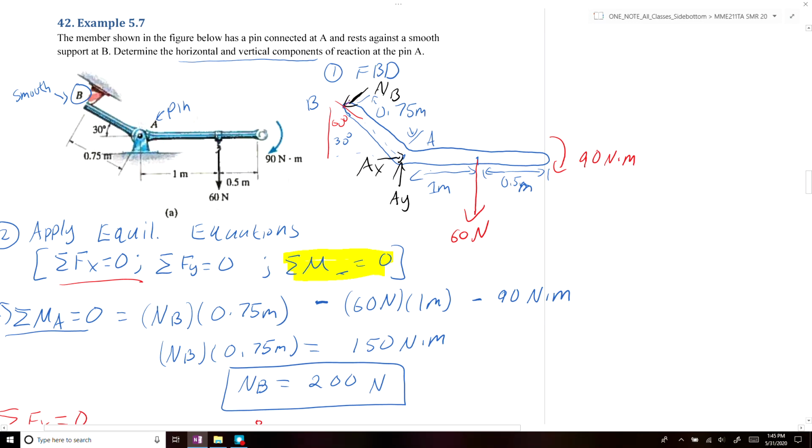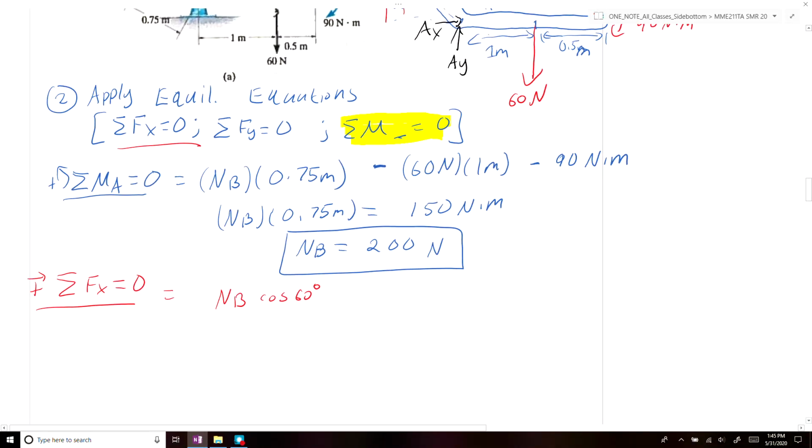How do we know this? It's a 60-degree angle, and we would be going along the negative x-axis, and then we have to add in Ax. So Ax is equal to NB, which is 200 newtons, times the cosine of 60 degrees, which is 1/2. So it's equal to 100 newtons.